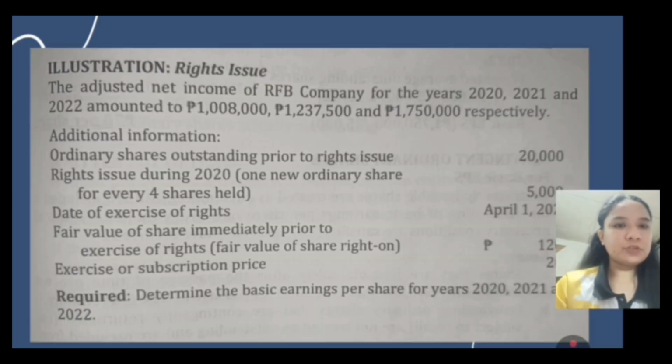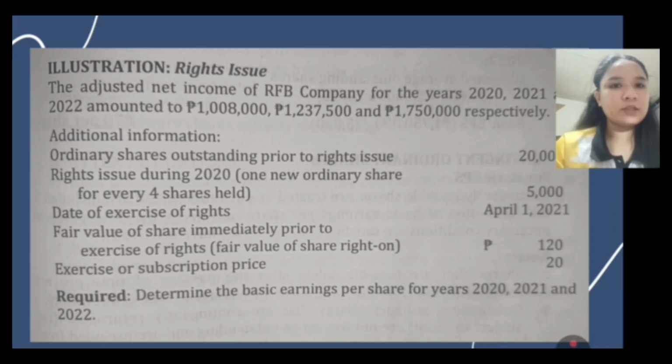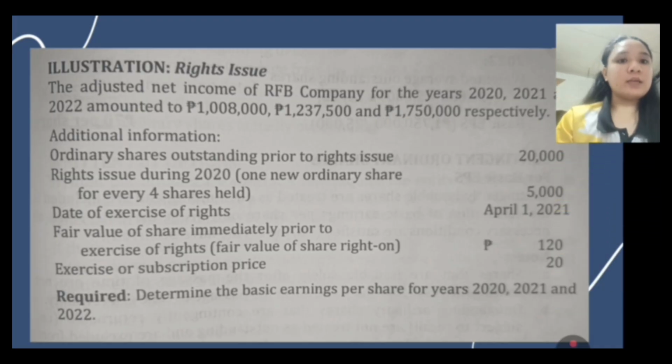So we have here the illustration of right issue. So the adjusted net income of RFB company for years 2020, 2021, and 2022 amounted 1,008,000 pesos, 1,237,500 pesos, and 1,750,000 pesos, respectively. So here are the additional information. The ordinary shares outstanding prior to right issues, we have 20,000.